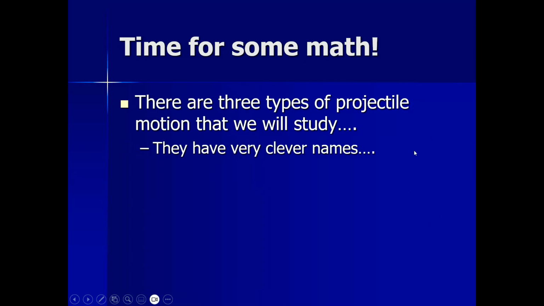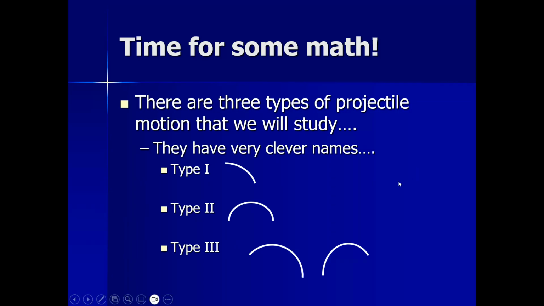Before we talk about the math, though, we're going to look at 3 different types of projectile motion. So in our type 1 projectiles, we're going to have an object that's launched horizontally. So write that down as your key phrase to look for a type 1 problem: an object is launched horizontally.